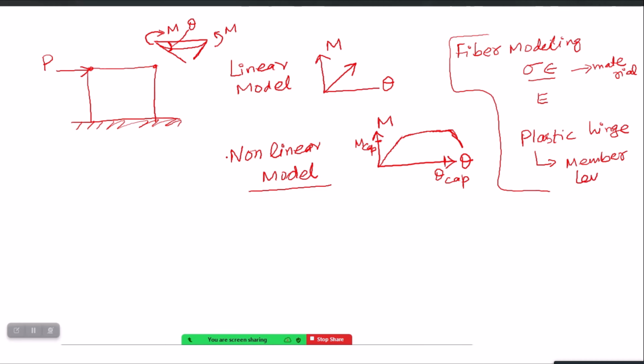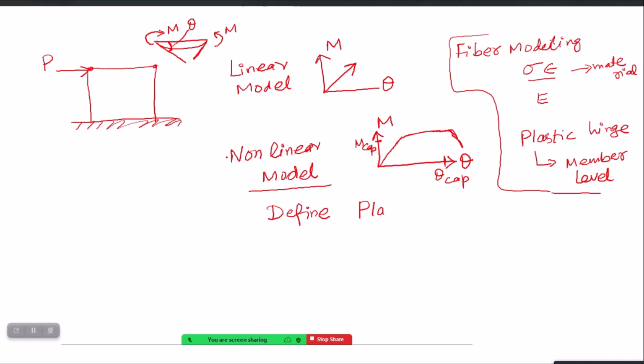So we directly tell the program that this member itself is a nonlinear member. And the practical way to tell this to the program is by defining what we call plastic hinges. So in a nonlinear model, we define and incorporate in our computer model what we call plastic hinges.